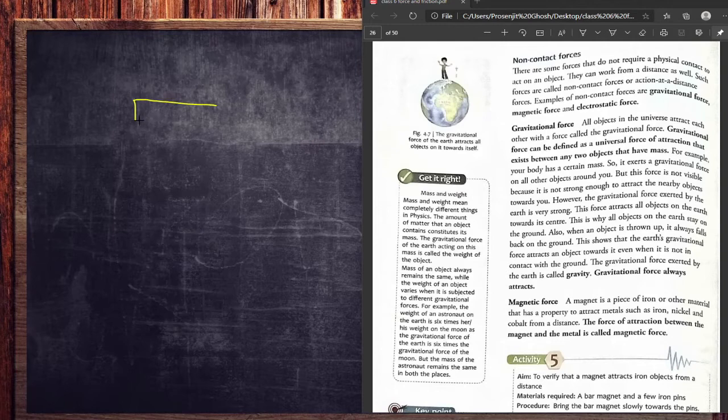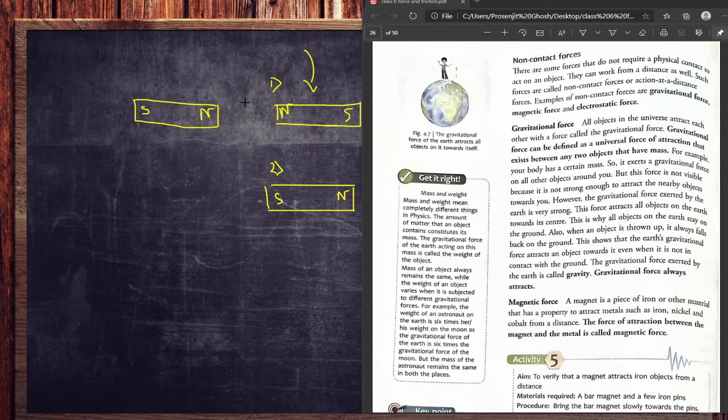The bar magnet has two poles, north pole and south pole. If you put another magnet in front of it in two variations, first with north and south, second with south and north, what will happen?